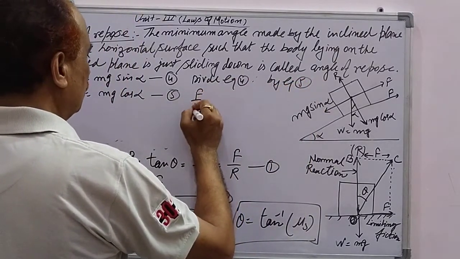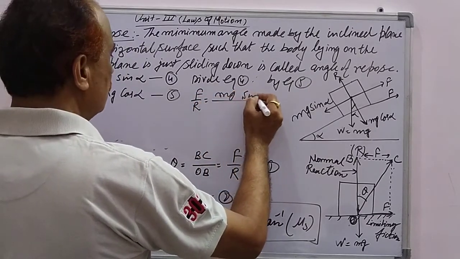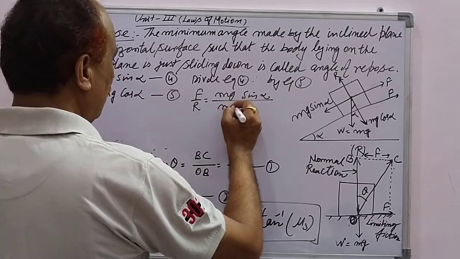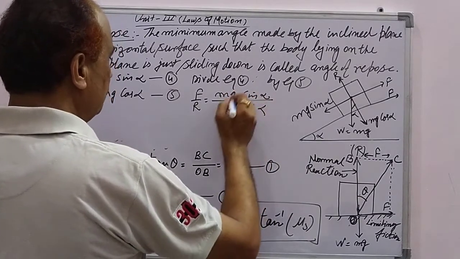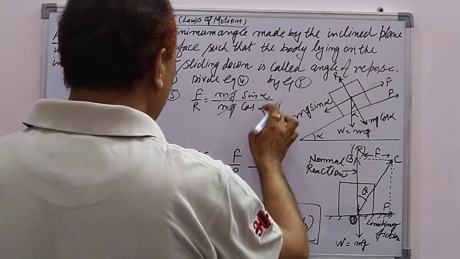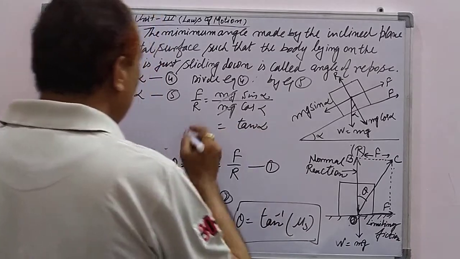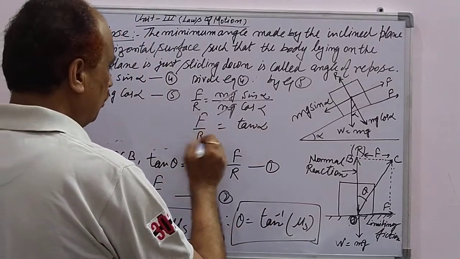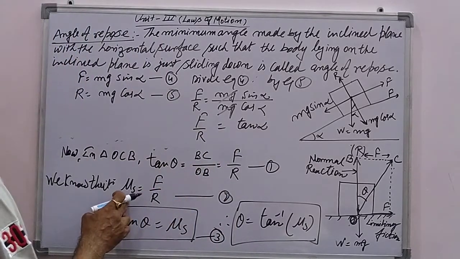Now F upon R equals mg sin alpha divided by mg cos alpha. The mg cancels, and sin alpha upon cos alpha is tan alpha, which equals F upon R. We know that F upon R equals mu s.